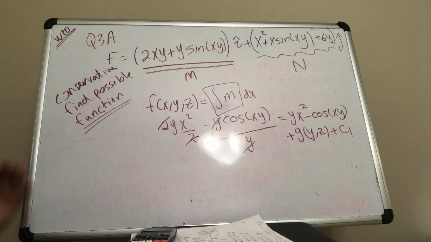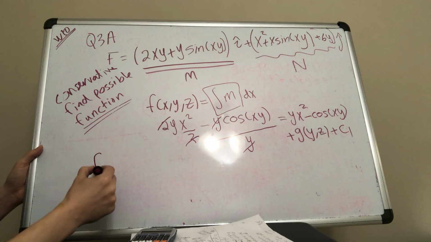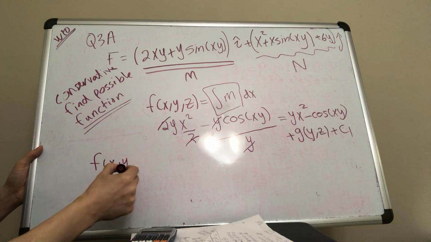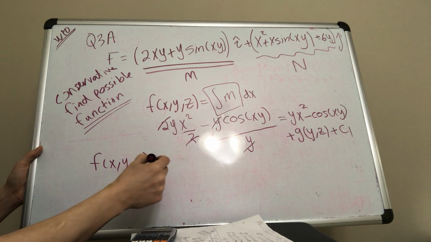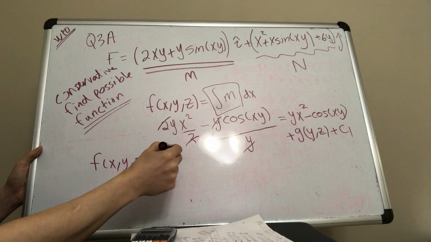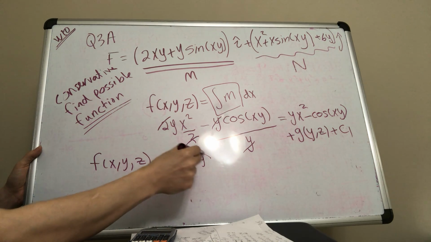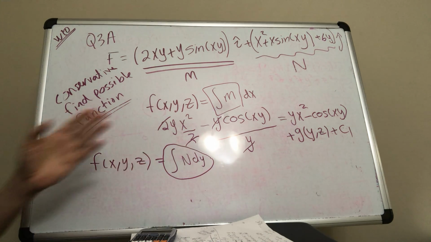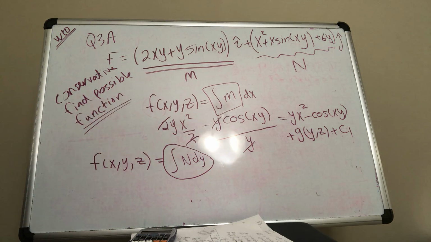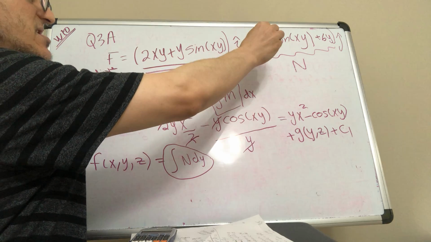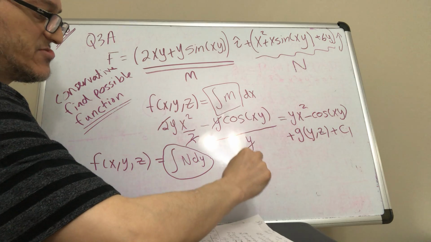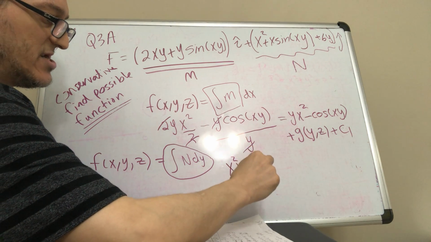And then you say there's another possible function. We're going to integrate n dy. Again, don't write this. Just integrate this with respect to y. X squared is a constant, so integrating this would be x squared y.